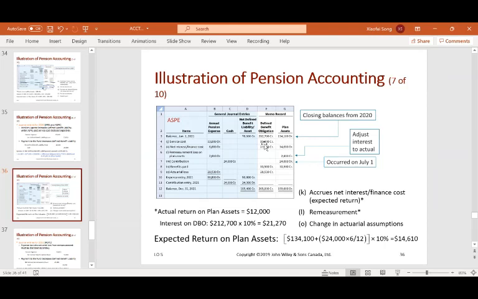So the expected return is calculated differently from previous years. The way the previous year's expected return was computed implied that the contribution was made at the end of the year. This year it's in the middle of the year, so in addition to the beginning balance, we add the contribution from the middle of the year, which earns return for half of the year.